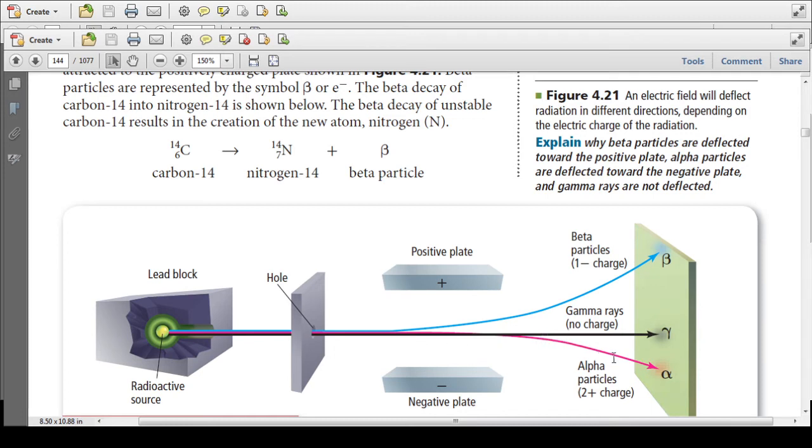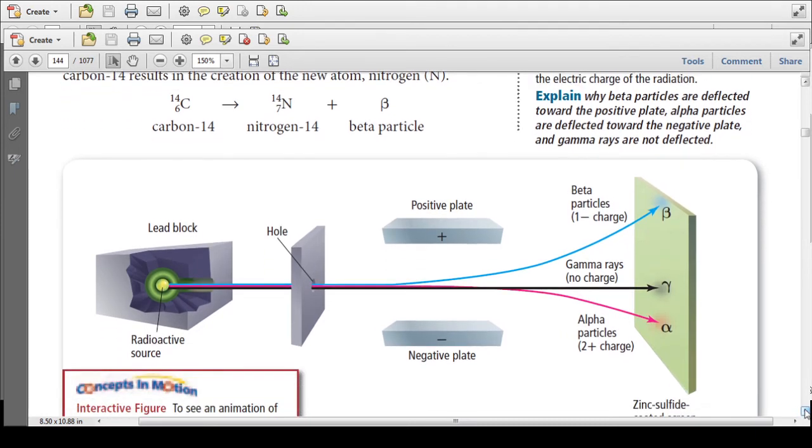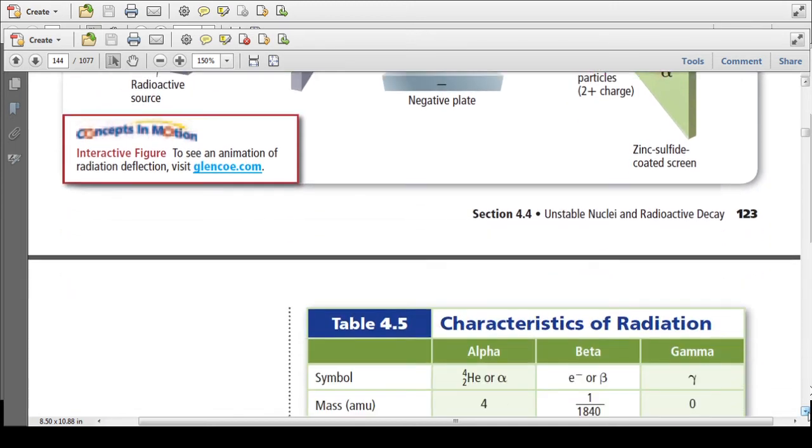An alpha particle contains 2 protons and 2 neutrons, which means that an alpha particle is very heavy compared to a beta particle. Therefore, the alpha particle was able to resist the change of its trajectory by the magnetic field much more strongly than a beta particle. And we can see that here we have a gamma ray, which was not influenced by the magnetic field. We'll talk about that in just a moment.